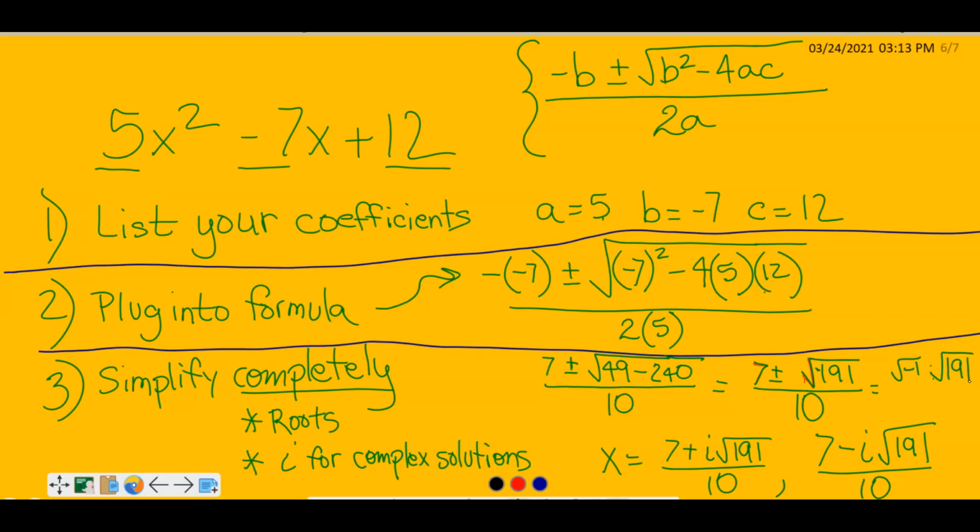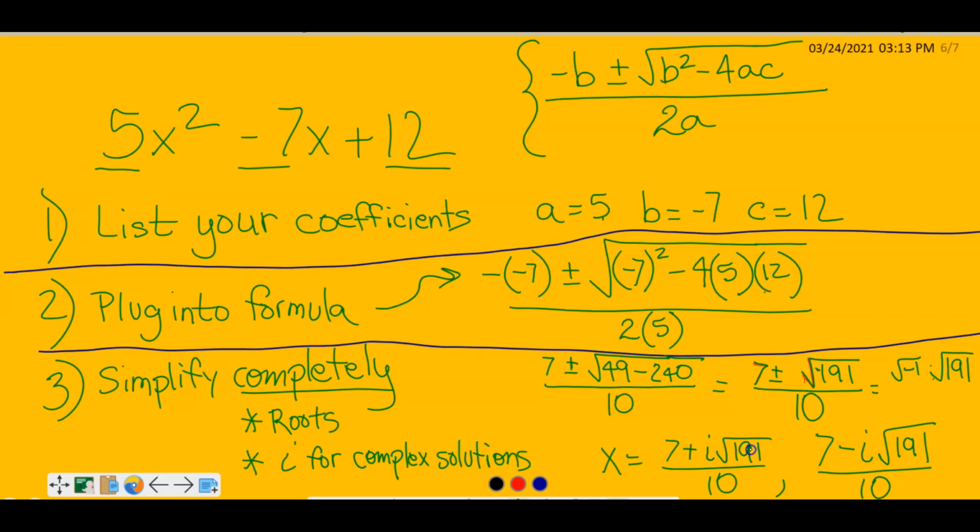Always write your i in front of the square root sign so you don't lose it. So now I can be done because I cannot simplify these solutions anymore. 7 is not divisible by 10. There's no number outside of the square root that I could factor out with the 7 and the 10. And I've got my i.